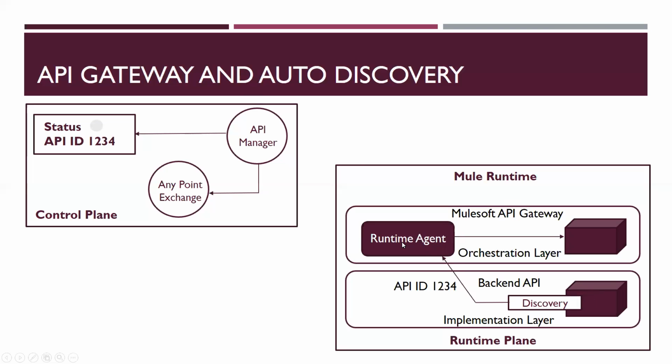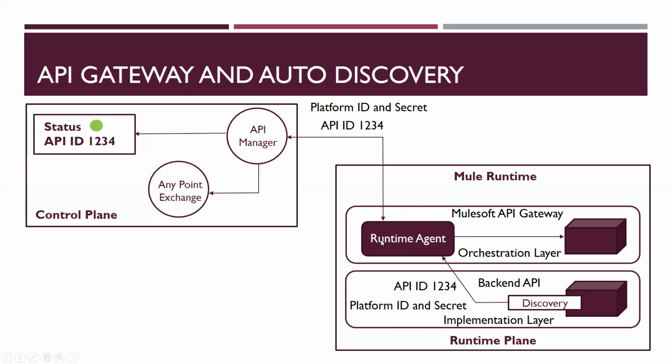To communicate from the Mule runtime to the control plane, the runtime agent needs the platform client ID and client secret also. We need to provide those in the cloud when we are deploying the code. I will show you all those things while doing one of the practicals.